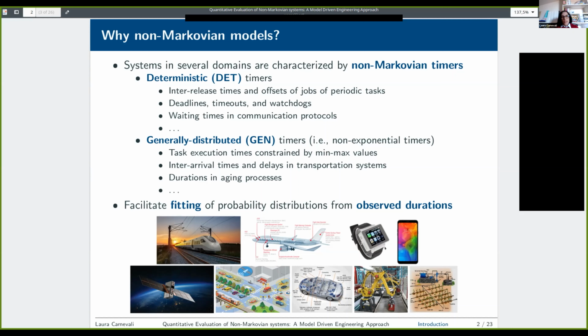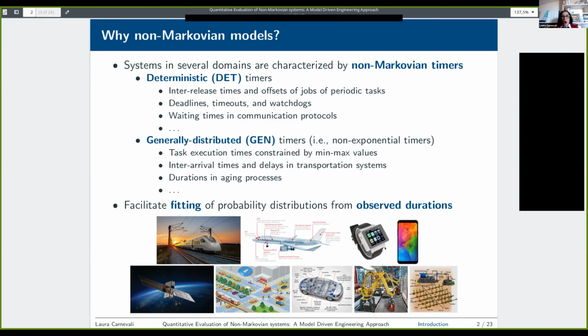Conversely, if you use non-exponential distributions, then you can have more free parameters, and so you can fit higher order moments and possibly also the support of the data that have been observed.